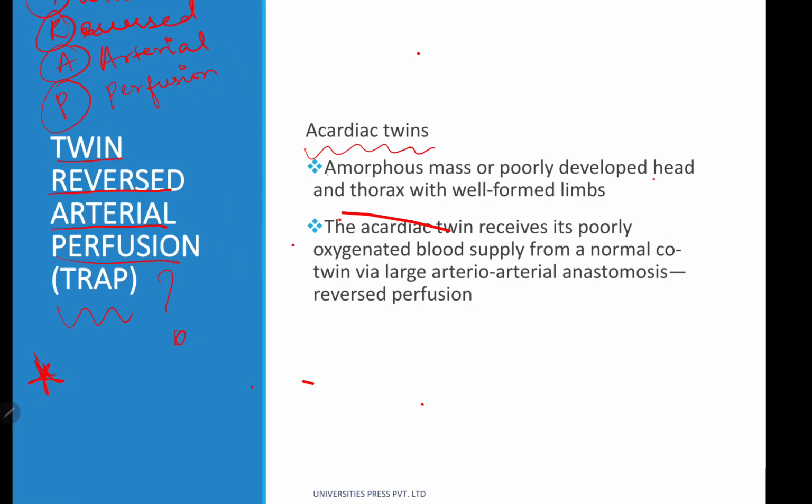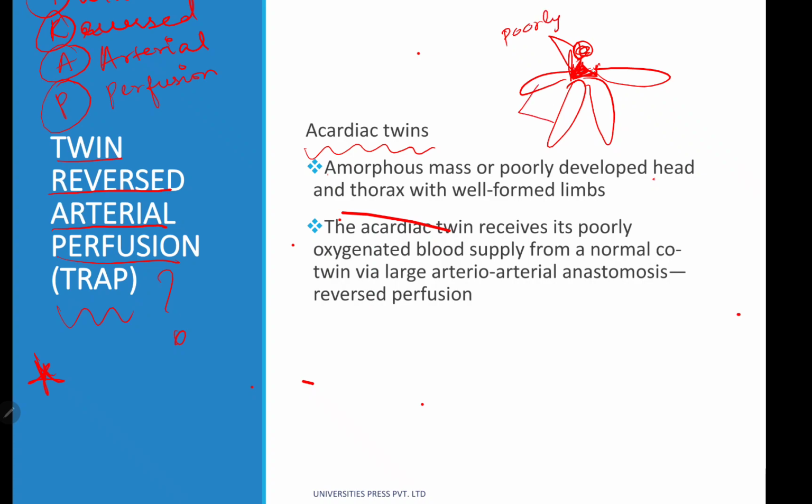So what is acardiac twins? There is an amorphous mass or a poorly developed head and thorax with well formed limbs. So the limbs will be well formed, whereas the thorax and the head are going to be poorly formed.